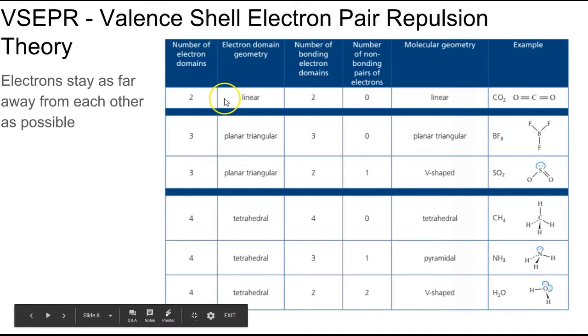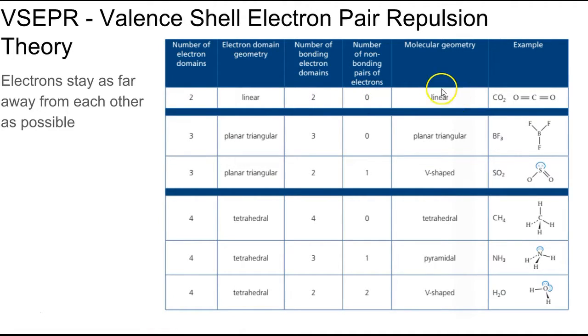If we had 2 electron domains and 2 of them are bonding and 0 are non-bonding, then the shape is going to be linear. If we have 3 electron domains and 3 of them are bonding and 0 are non-bonding, then we're going to have planar triangular as the shape. If we have 2 bonding domains and 1 non-bonding domain, then we're going to be V-shaped or bent. And that's how you use this chart.